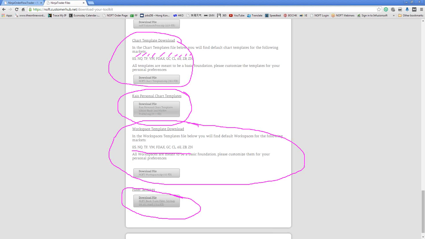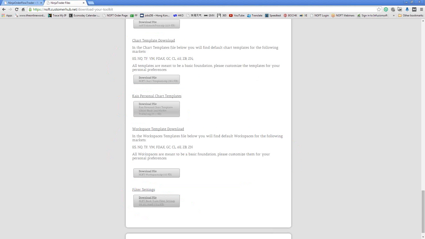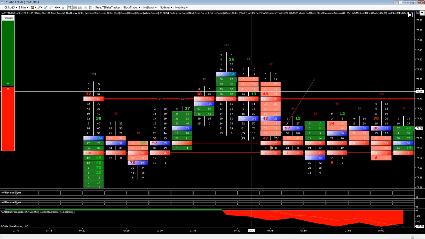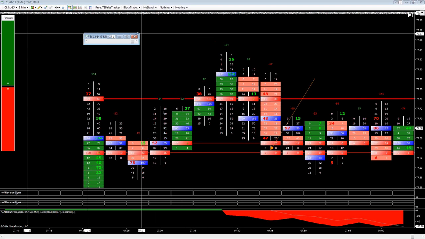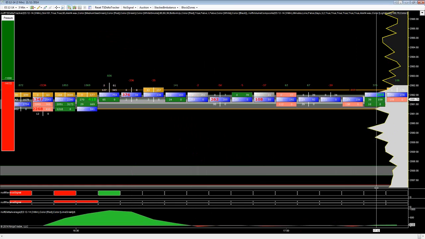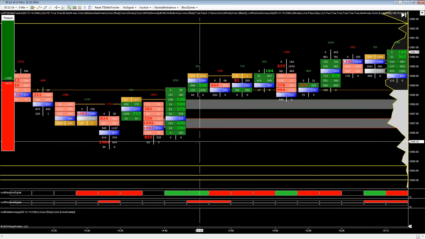Okay, are all the settings that you use on the NOFT the ones in the members area? Yes, Jack, they are. I'm using the templates. Every chart that you saw today that's mine, which was mostly crude. Let me find another one. Here's my ES template. Same deal.